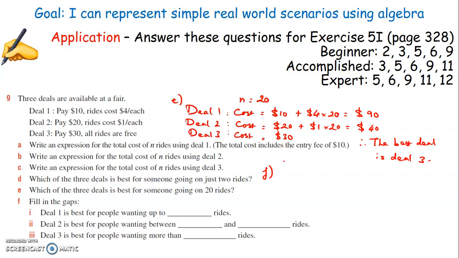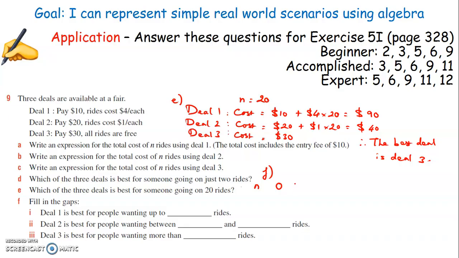So let's think about this. Now, one of the easiest ways for us to answer F is to make a table. So this table would have n at the top. Let's start with n being 0. So this means that you go into the fair without going on any ride.